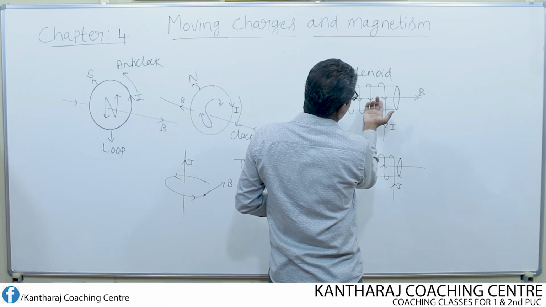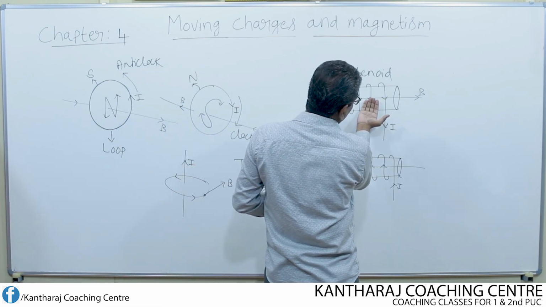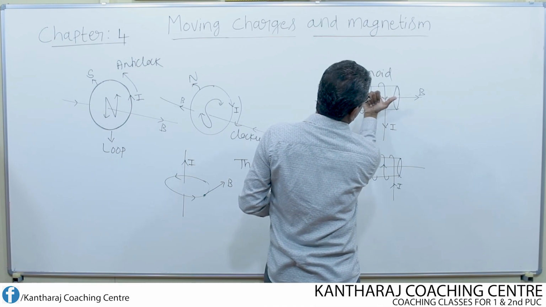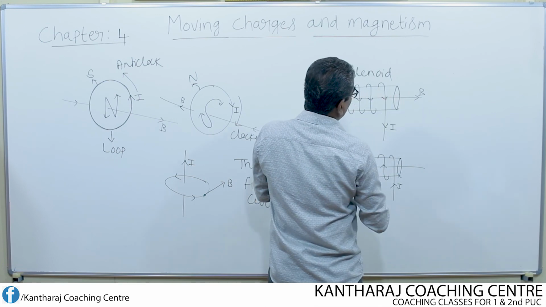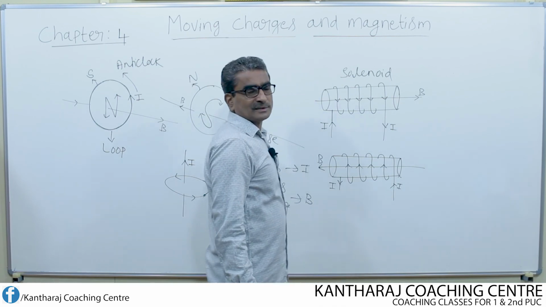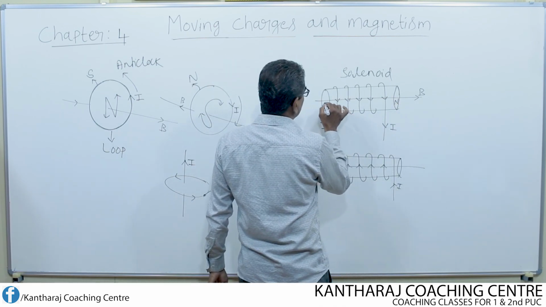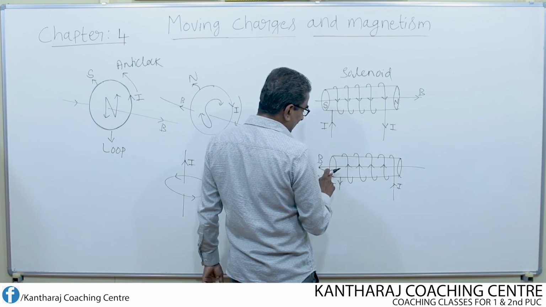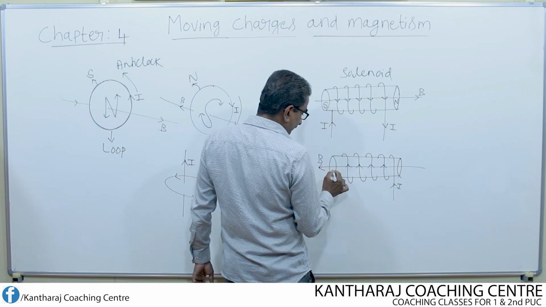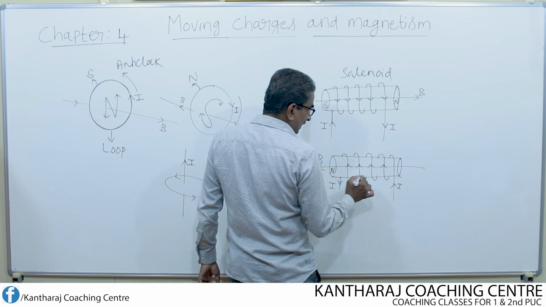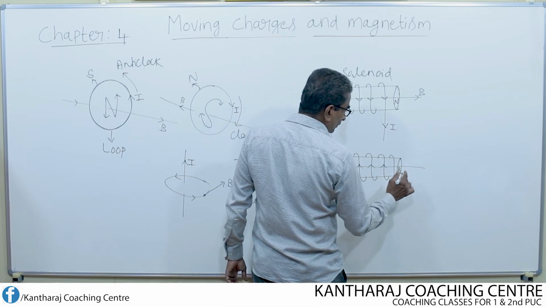Look here, the fingers are clasping in which direction? The fingers are clasping in this direction. So this end now behaves like north pole, whereas this end behaves like south pole, whereas here this end behaves like north pole and this end behaves like south pole.